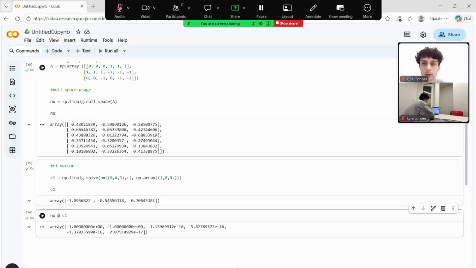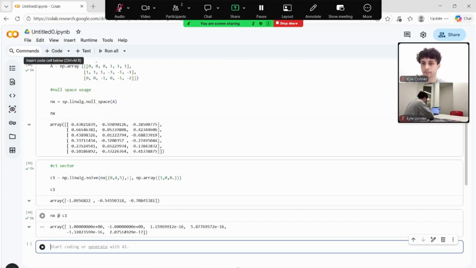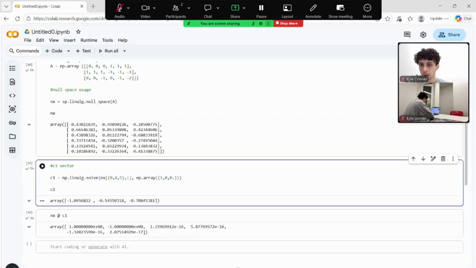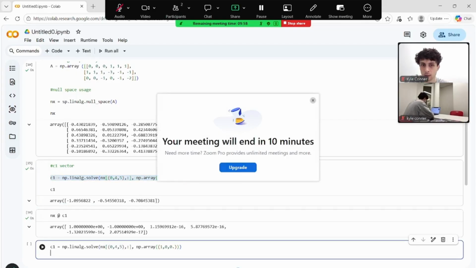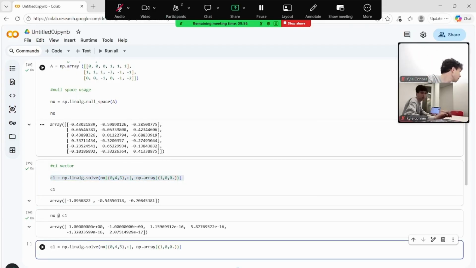So now we're going to do the other powers here. So we're going to be kind of doing it the same way. So we have our C1 vector. So we're going to be copying and pasting this because I'm lazy. Cool, we're good. And then we're going to be multiplying that.